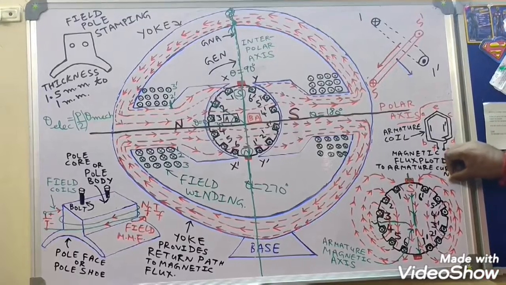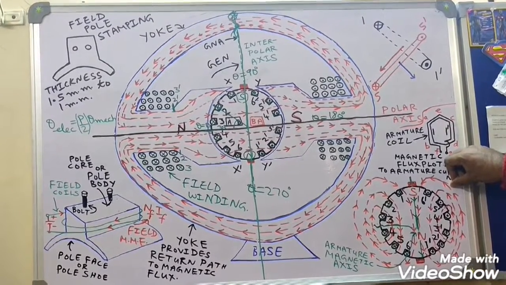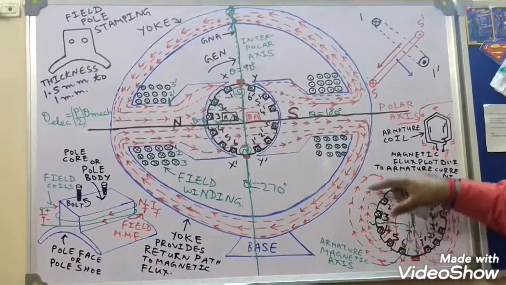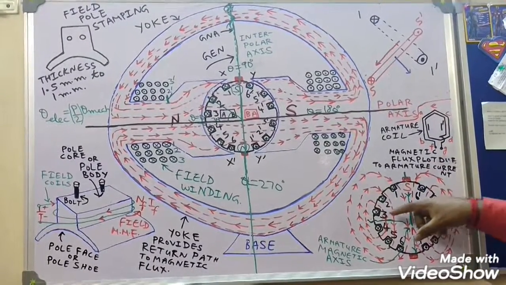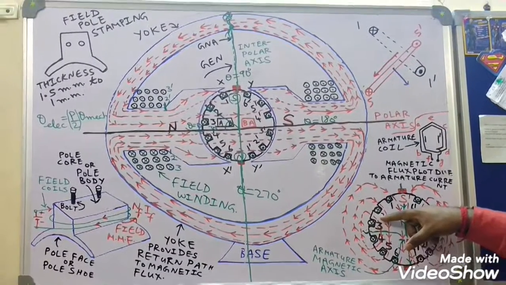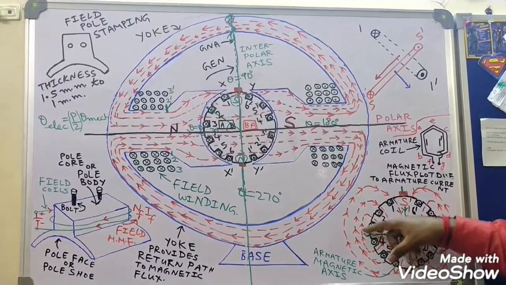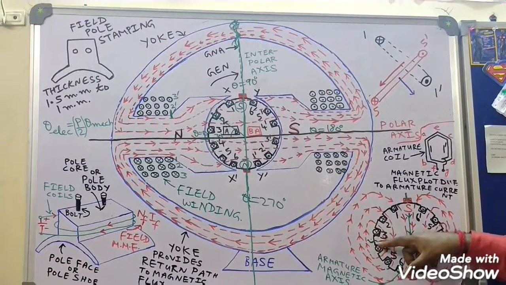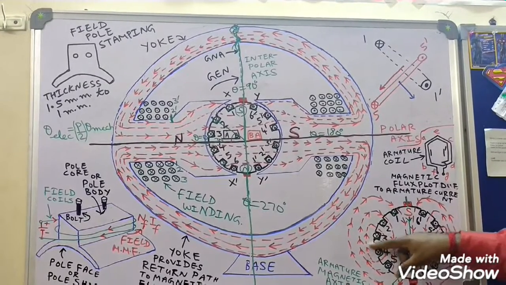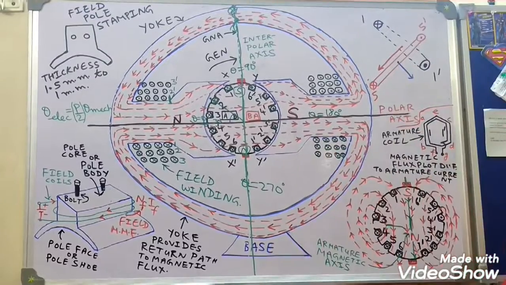Please remember, this magnetic flux is due to armature current only. So we have plotted the magnetic lines of flux corresponding to armature current, and we have seen that armature flux is neither entering nor leaving between slot number 3 and 4. So we are taking the developed view by cutting the armature core at this point between 3 and 4, and then we will straighten it. Okay, so let me draw it. I will be drawing it.